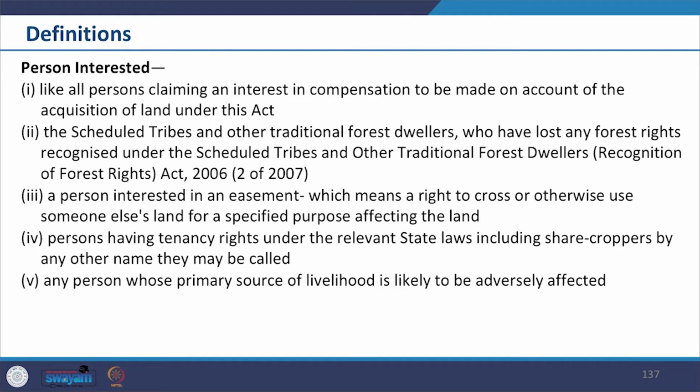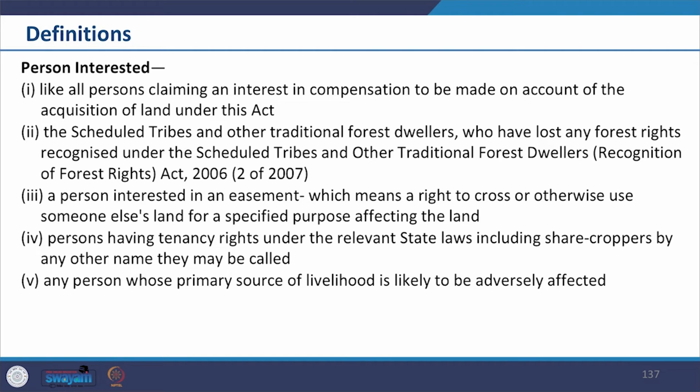We also see person interested in an easement. Easement means a right to cross or otherwise use someone else's land for a specific purpose; that is also considered as a person interested.